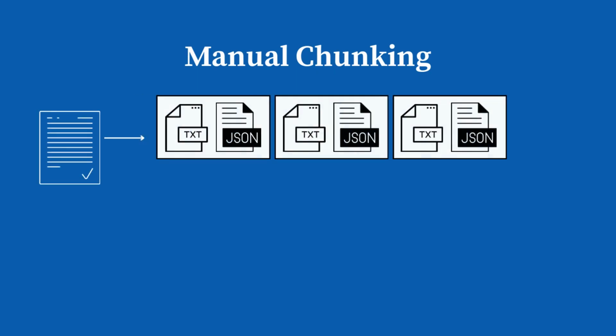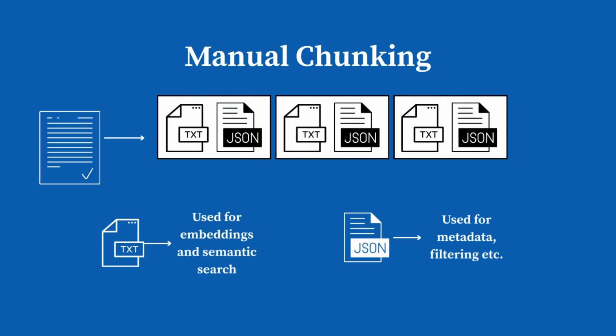Every chunk is stored twice: one as a pure text file used for embedding and semantic search, another as a JSON file used for metadata, access control, filtering, and versioning. Only the text is embedded. The JSON controls who can retrieve it, when, and why.